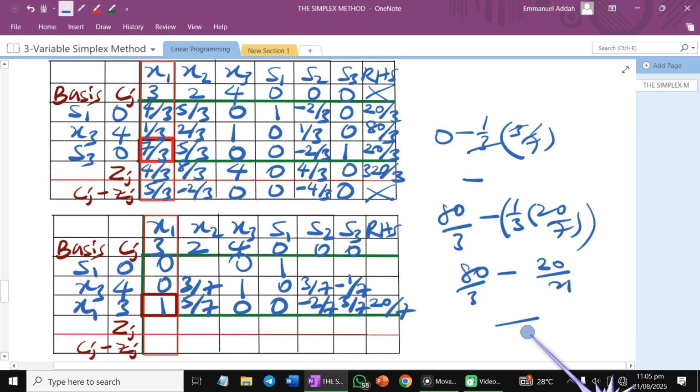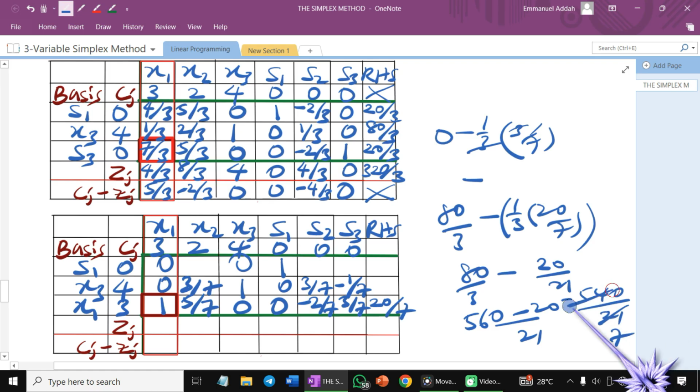LCM, we have 21, 3 there, 7. 7 times 80 is what? 560, minus 20. That will give us what? 540 over 21. If we try 3, for example, 3 here will be 7, 3 here is 1, into 540 is 180. So that's 180 over 7. Cannot go further. So let's leave it like that.